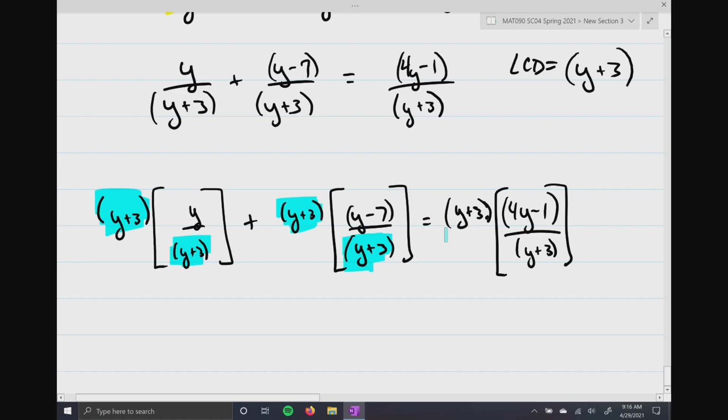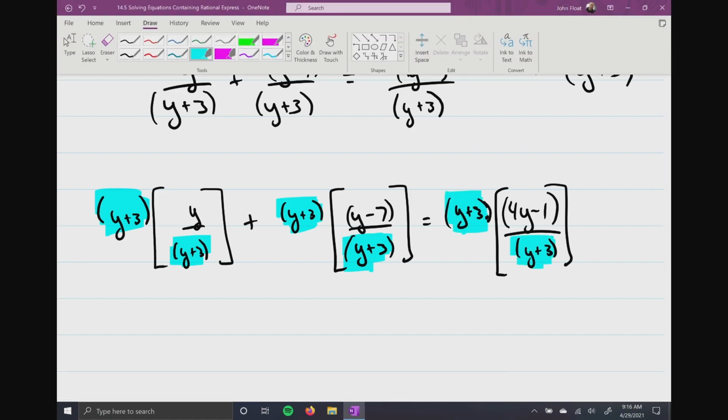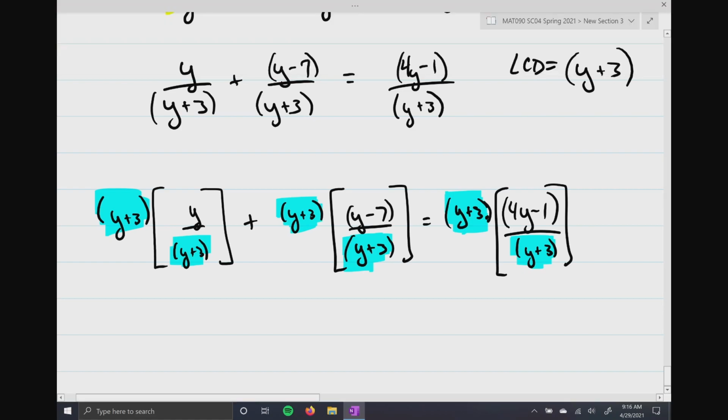If you notice, in every single term, that y plus 3 in the denominator will reduce because y plus 3 in the numerator over y plus 3 in the denominator, regardless of which way you look at it, simplifies down into 1. Does that make sense, everybody?